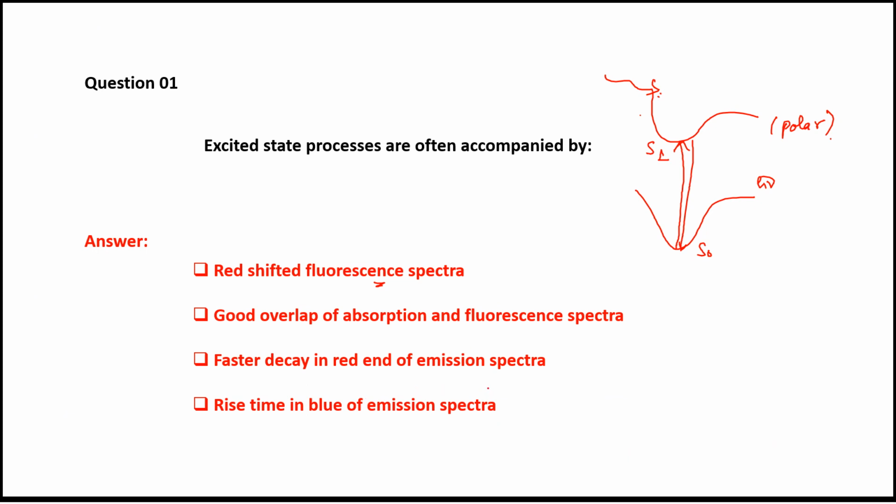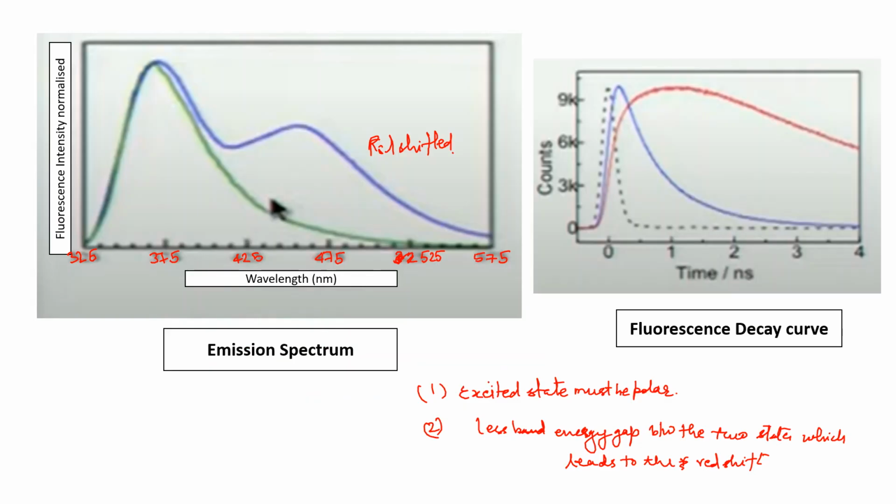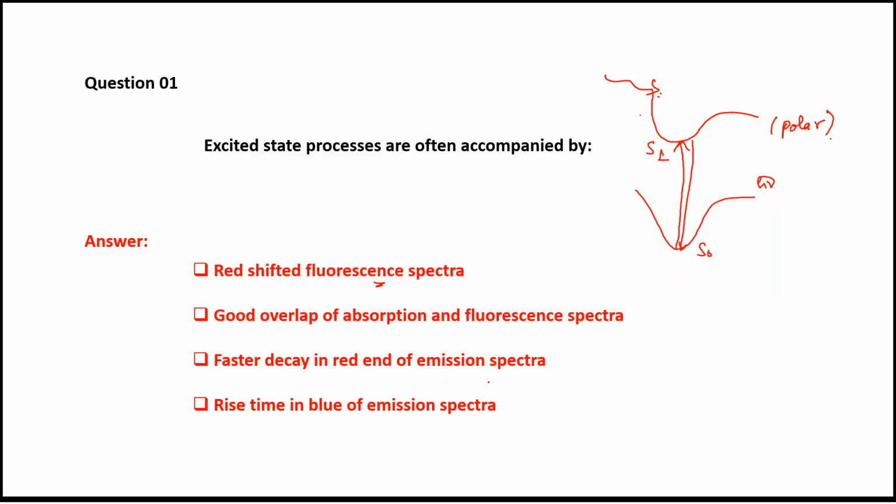So the excited state processes are accompanied by, first, the redshift of the fluorescence spectrum. Now, basically, there is one more rule, which is Kasha's rule, which states that suppose for a system, say from V equals 0 to V equals 1, or n equals 0 to n equals 1, the absorption occurs.